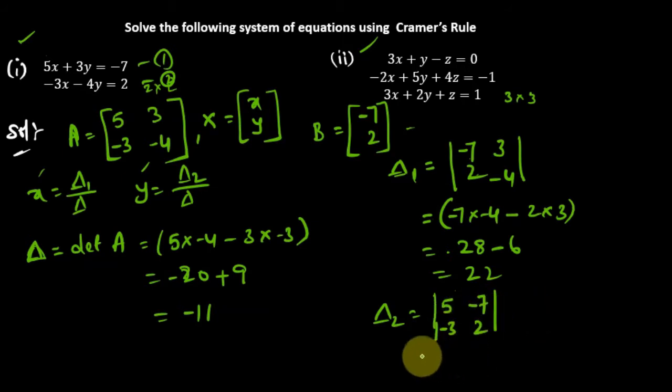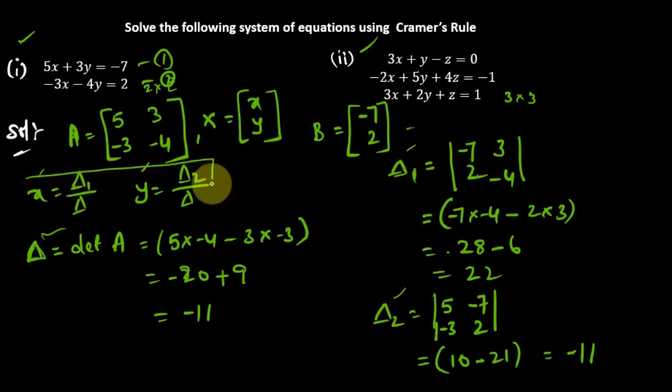So find the determinant of this. 5 twos are 10, minus into minus is plus, so minus 7 threes are 21. So this will become again minus 11. Now I got all three values, delta, delta 1 and delta 2. Simply substituting in this formula, we will get the values of x and y.